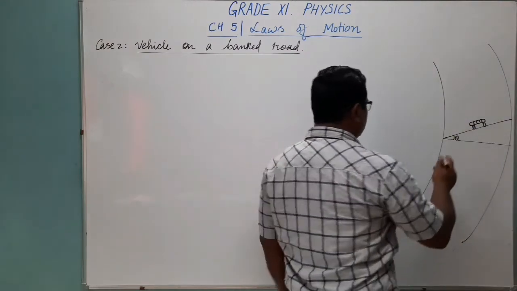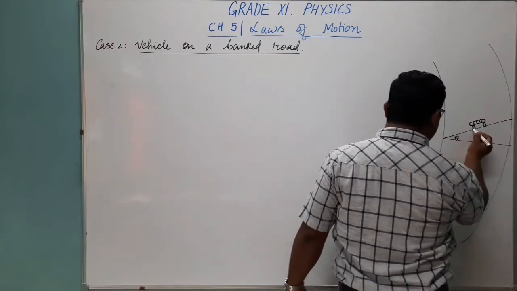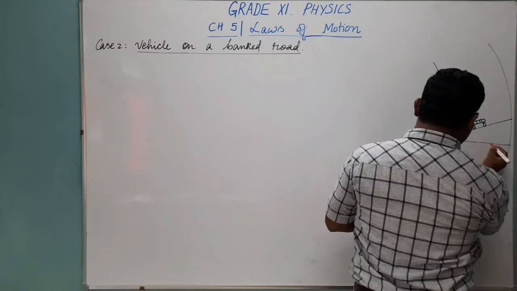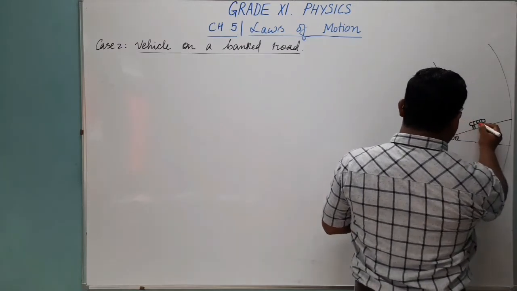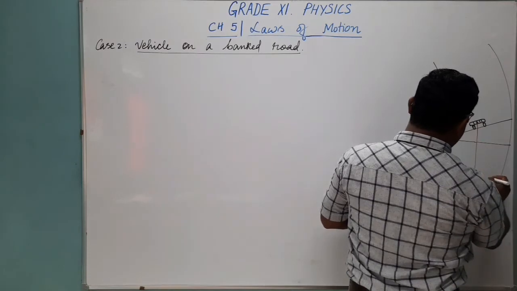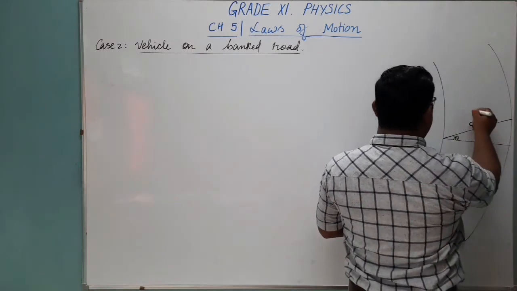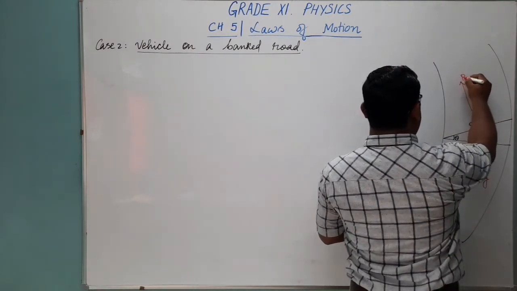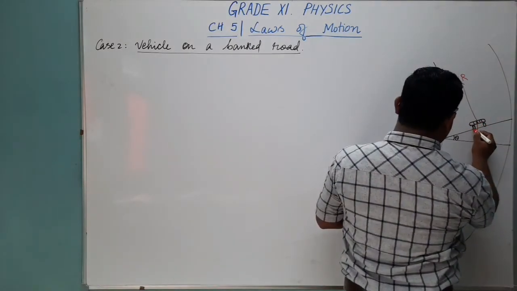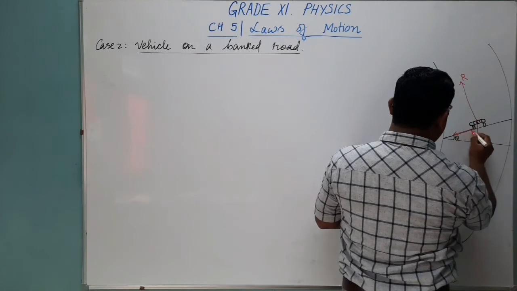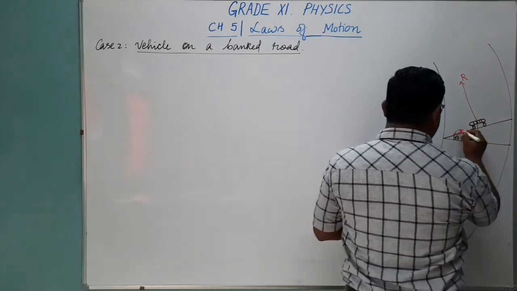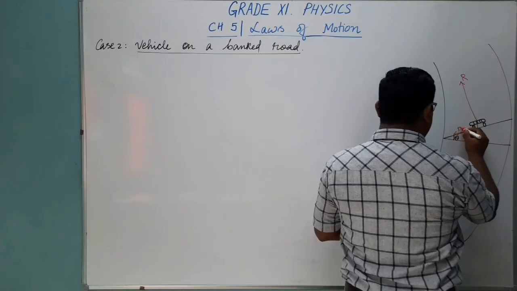Then in this case, these are the forces that will be acting on it. One will be the weight mg, weight of the car. One will be the normal reaction R, perpendicular to the banked road. And one will be the force of friction with the tire, which I'll write as Fs.